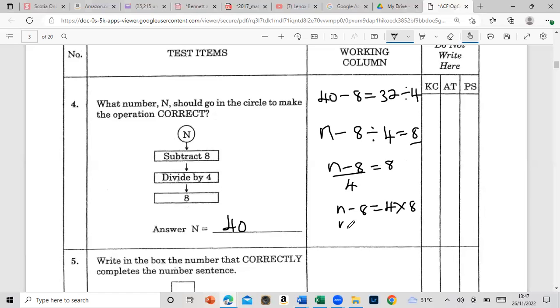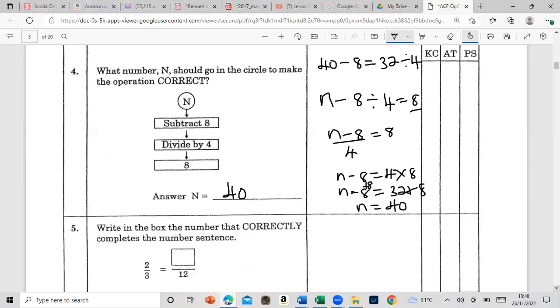So n minus 8 is equal to 32. So now we take the inverse of minus 8, which is plus 8. And that gives us the 40, just the same. But guys, you can use trial and error. I know you guys are young and sometimes the formula is hard. That's why I did it that way first. All right, so it's actually 40.